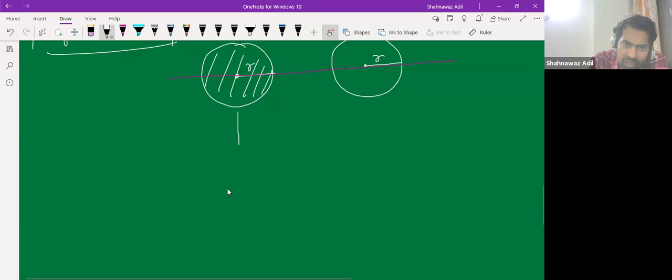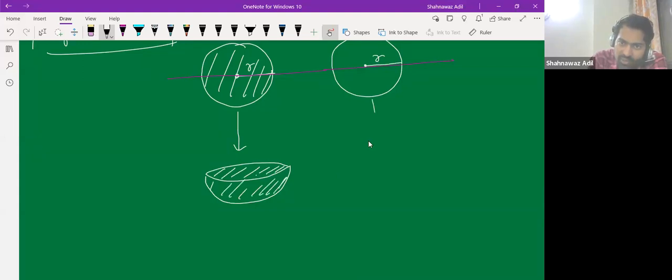For this one, we get this kind of shape, which is filled, and for this one we get this kind of shape, right?